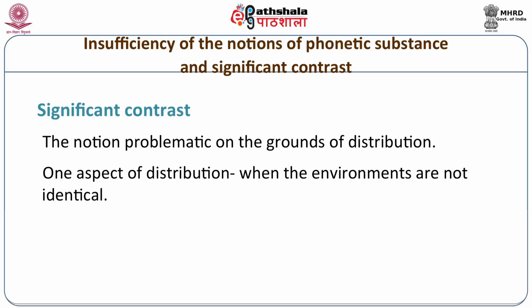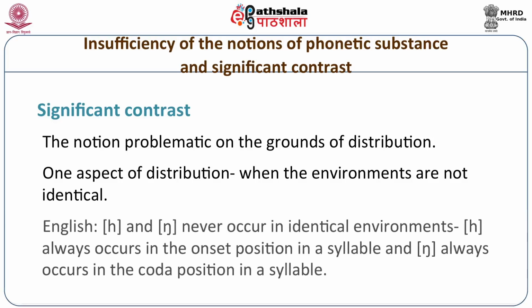These are contrasting segments. What we notice is that in languages, phonemes do not always occur in contrastive contexts. Sometimes it is difficult to find two phonemes to have identical or similar environments. For example, in English, we have two sounds h and ng. Now these are phonetically similar, but they do not ever occur in similar environments.